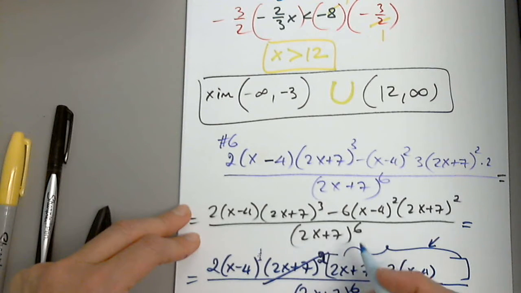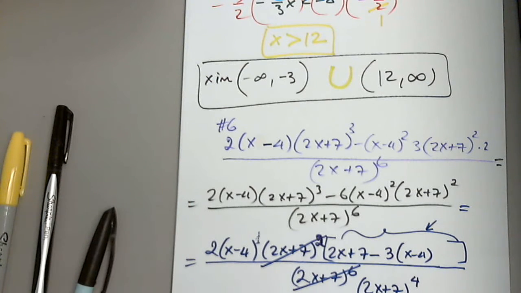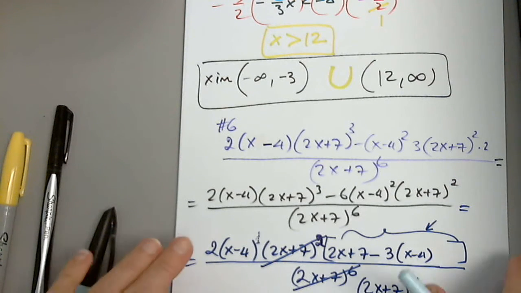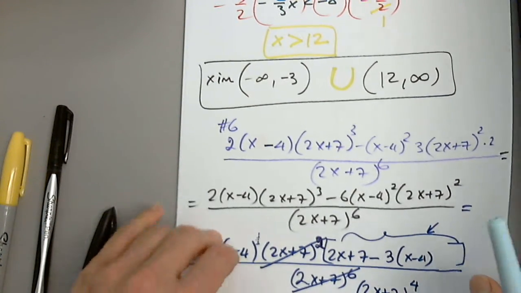And now I can do this. Which power? 4. I removed 2 factors of 2x plus 7 from the top. I have to remove exactly 2 factors of 2x plus 7 from the bottom. That's why I'm left with 2x plus 7 to the 4th. So now let's simplify this, distributing and combining like terms.